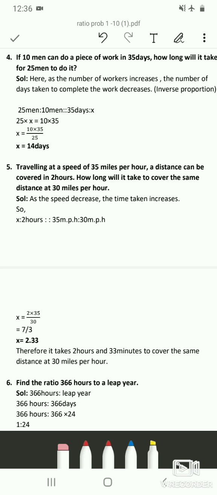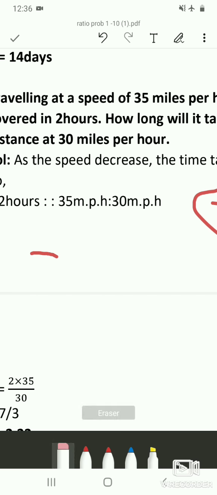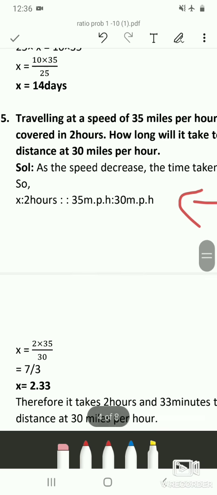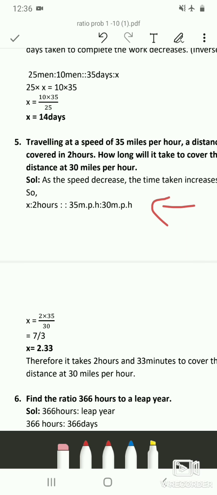So we know as the speed decreases, the time increases. So we can write the proportion as: x is nothing but the number of hours we have to find out. x is to 2 hours as 35 miles per hour is to 30 miles per hour. You can interchange these ratios, that is not a problem. Once you write it in a general form, the next step is taking the product of means and extremes and equating.